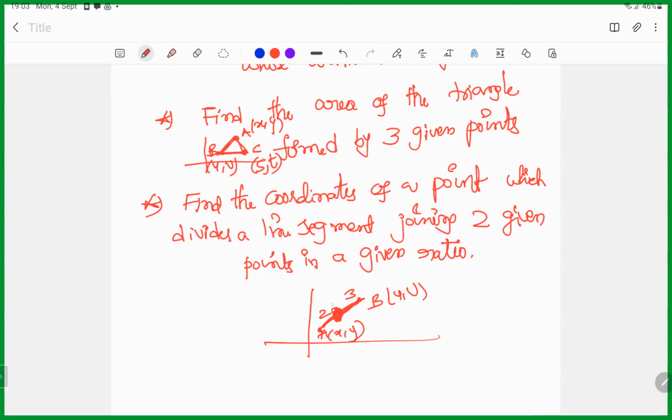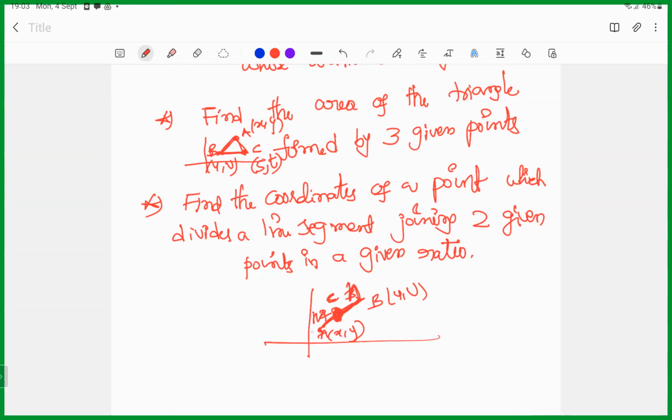Then we need to find out the point C coordinates. That's the third thing. Did you understand the third point? What is the third point? One line segment, and then there is a point which divides the line segment in some ratio. Let's say 1:2, 2:3, 3:4, whatever the ratio. Some let's say m is to n. Then we will find out the coordinates of that particular point C.